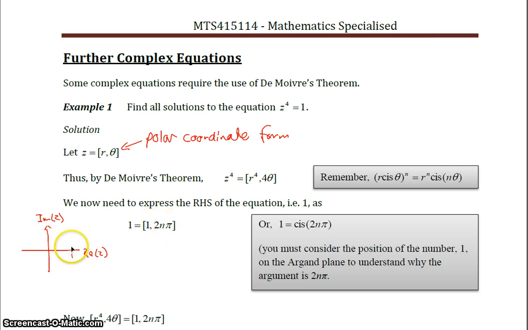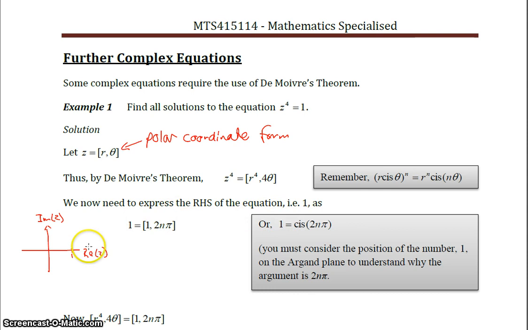If n is 2, then we go around twice, and it's 2 times 2 pi or 4 pi. Just thinking back to our understanding of the unit circle and how our angles work in that. So our modulus is 1 and our angle is 2n pi, n just being a whole number value, which corresponds to our power here.